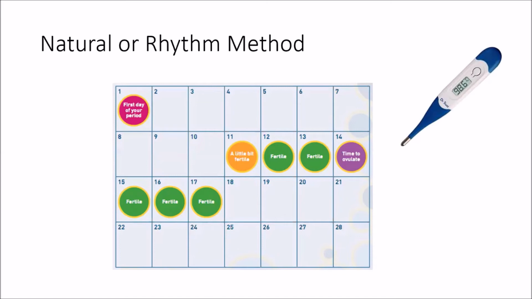That's day one. Approximately 2 weeks after this happens, a female is going to ovulate. Ovulation is basically the release of an egg cell from the ovaries. Remember that this happens about once a month.